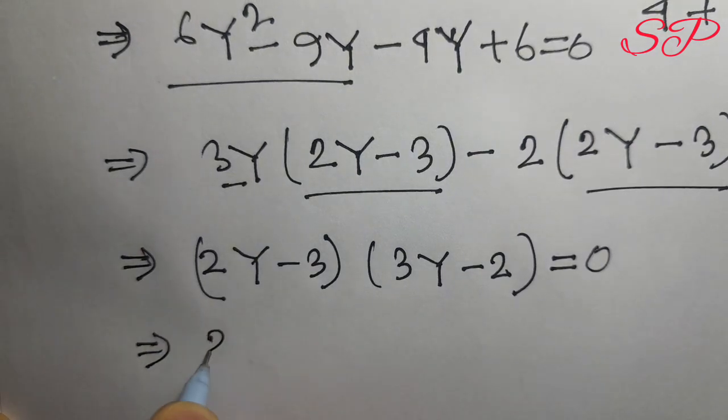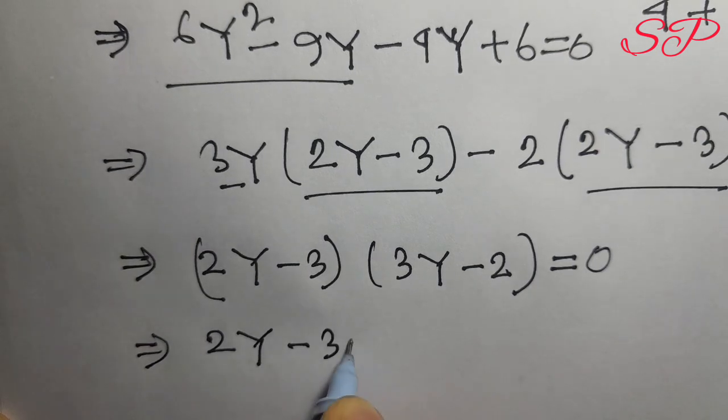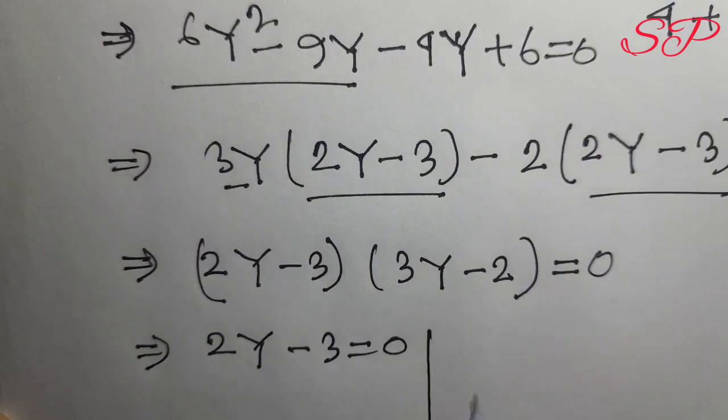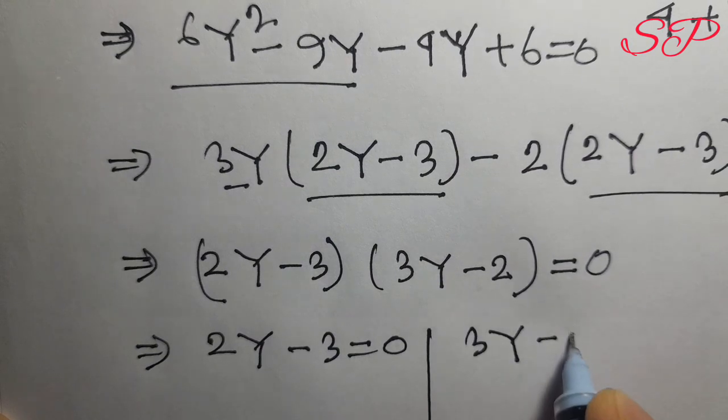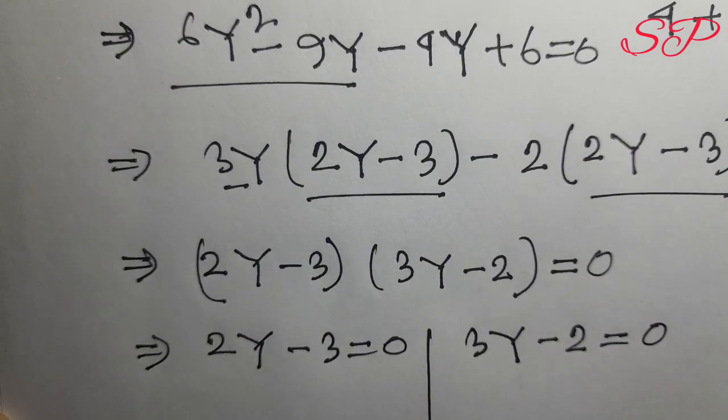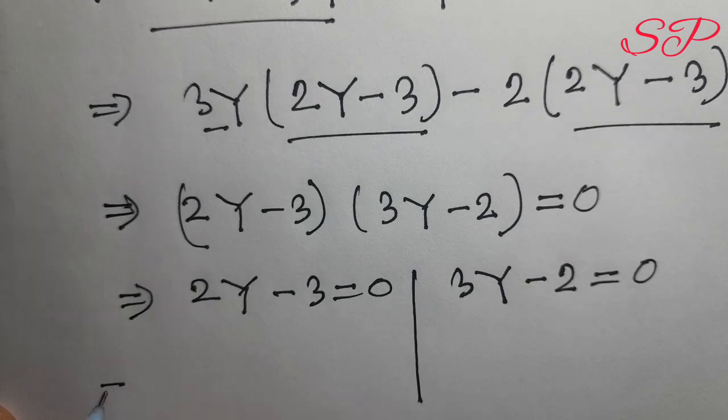So we can write 2y minus 3 is equal to 0, or 3y minus 2 is equal to 0.